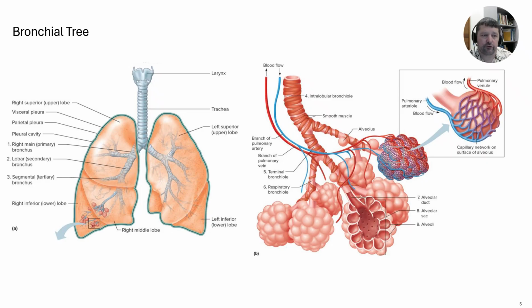Associated with this are often those arteries and veins. So remember the pulmonary artery coming from the heart is going to be sending oxygen-poor blood to the lungs, and then the pulmonary vein coming from the lungs is going to send the oxygen-rich blood back to the heart.